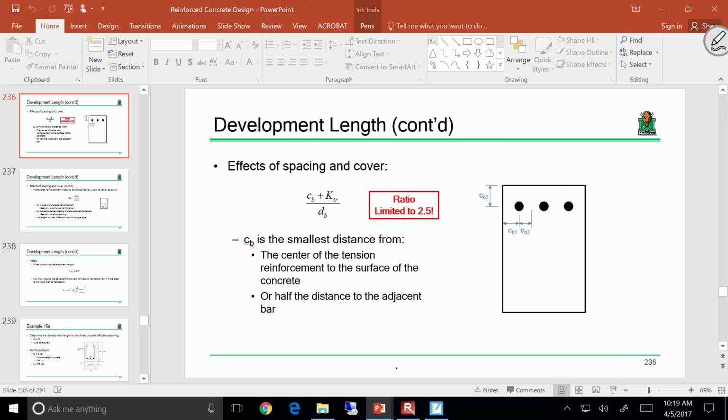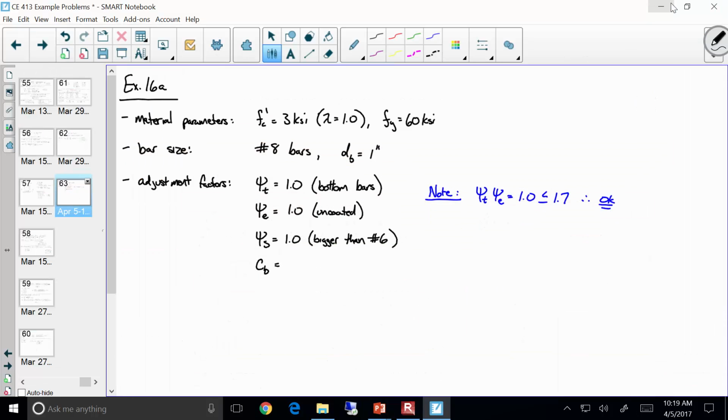So I'm saying this is 1.5. And also, mathematically, that works as well. c sub b is on the bottom of the fraction. So the smaller that answer, the larger the development length. I think the worst case scenario is that you need more development length. So that's why that's on the bottom. Does that make sense?